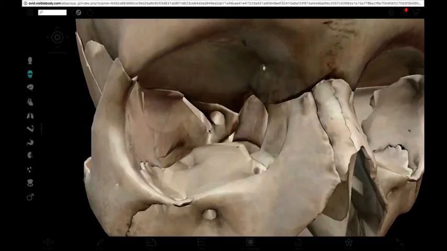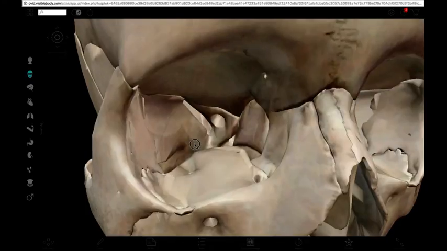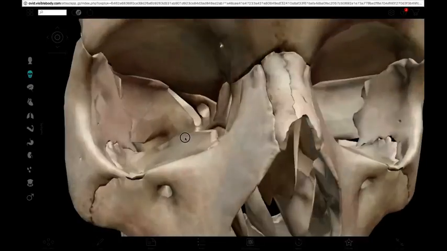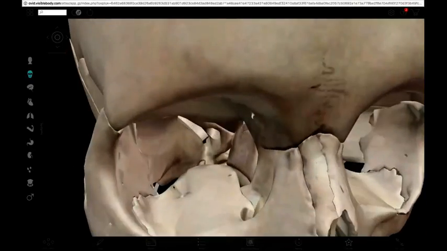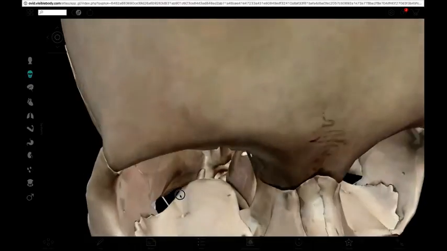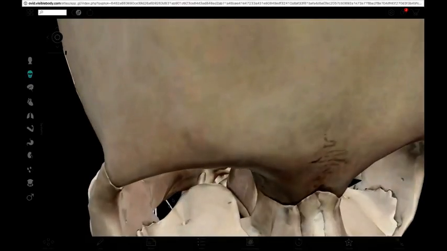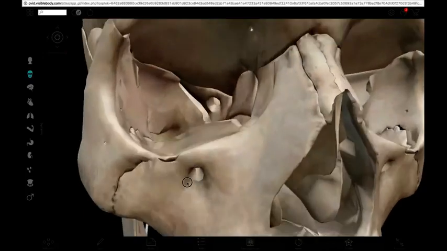And that inferior orbital fissure is going to be right here. Here is the superior, the inferior is right there. Move down so you can see, there you go. That's the inferior orbital fissure. So you can see both of those.